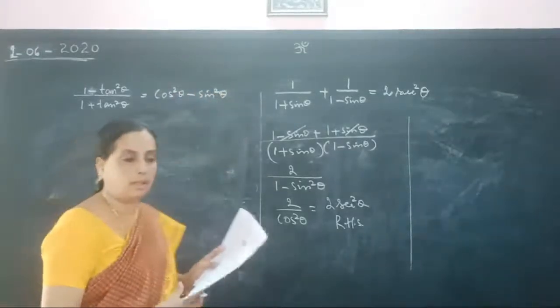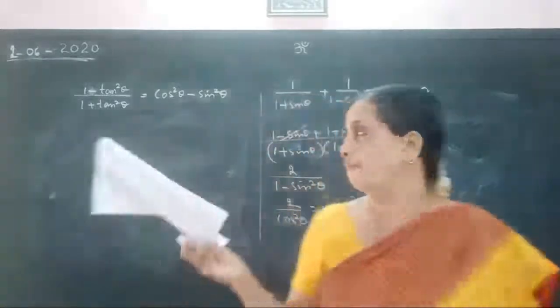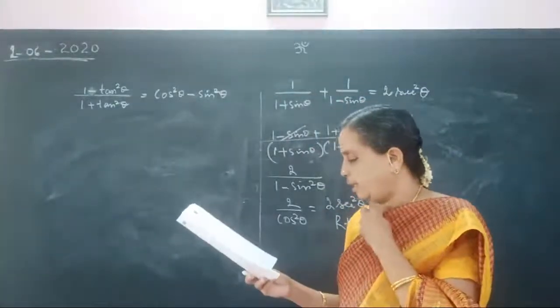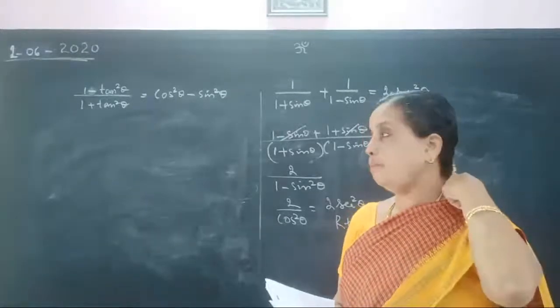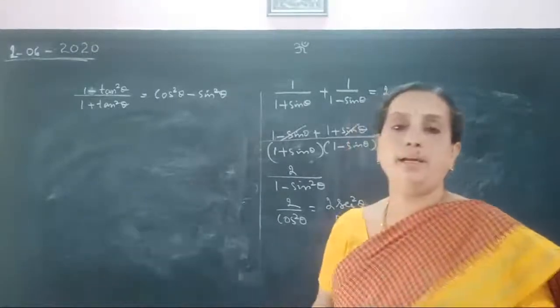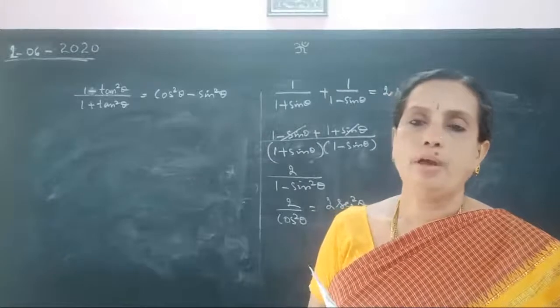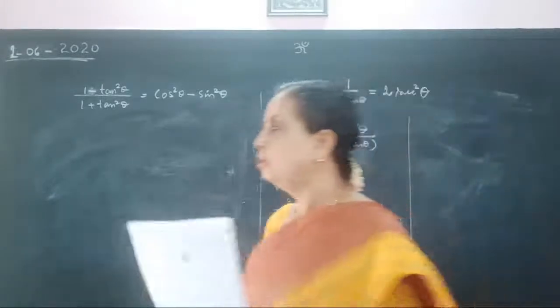This question was given in the paper, like the first question I dictated, for 2 marks. We have to apply the identity. 1 plus tan square theta has the direct application, not 1 minus tan square theta.